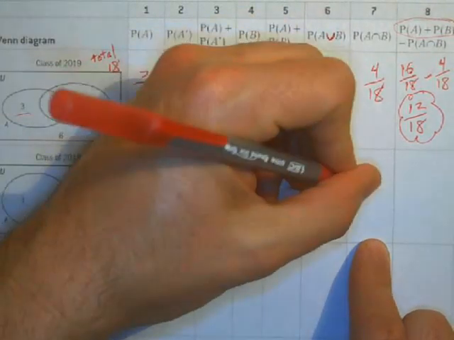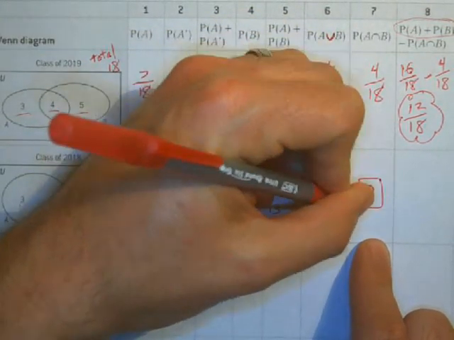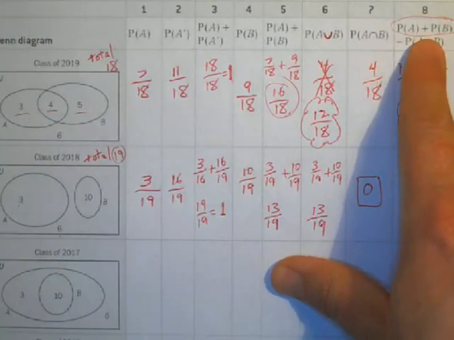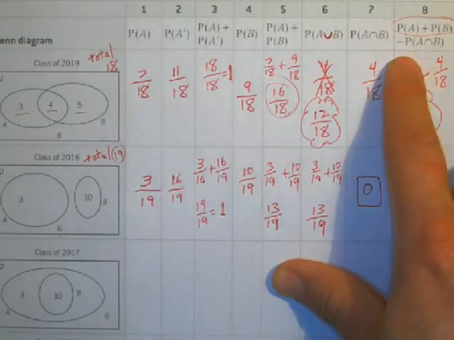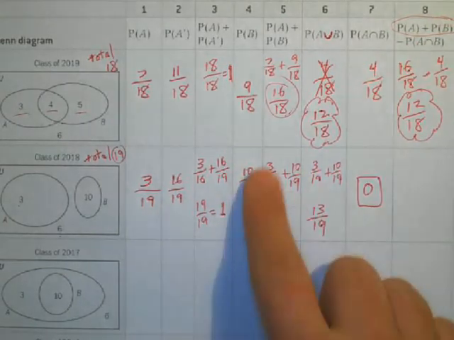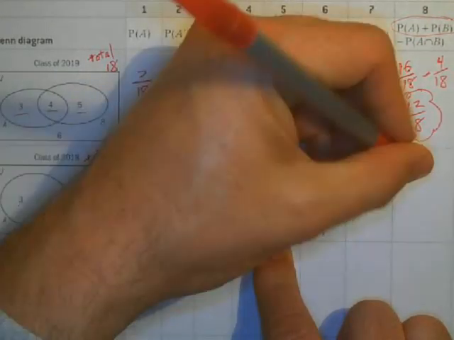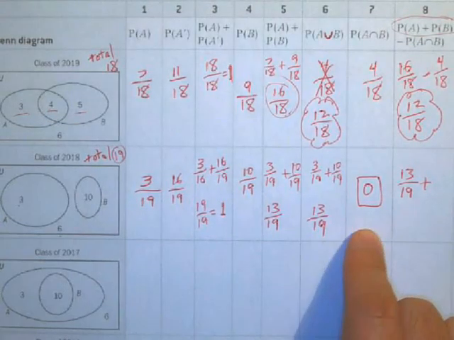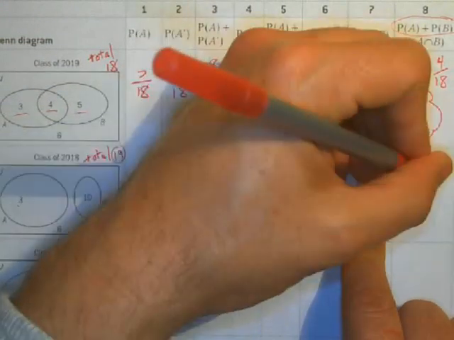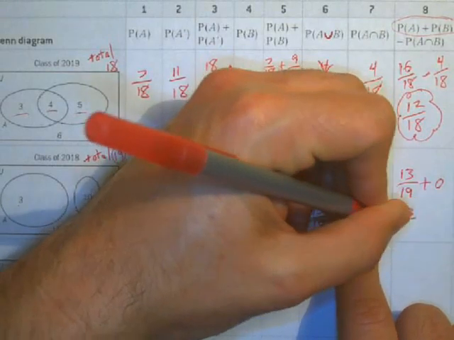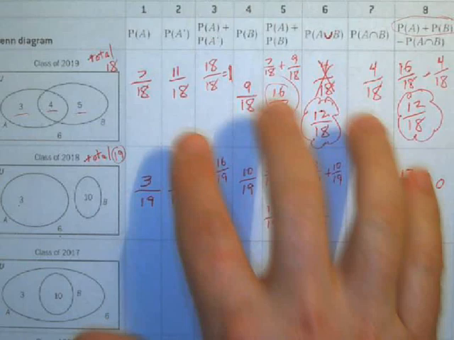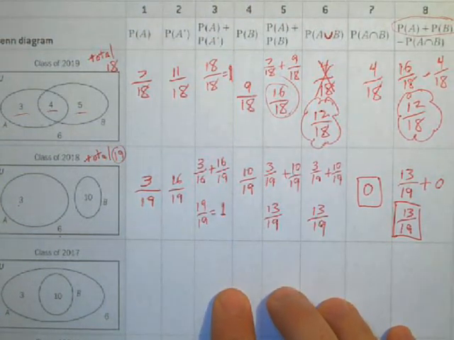So that is 0. Probability of A plus probability of B minus the intersection. A plus B is going to give me 13 over 19 minus the intersection, which is 0. It's going to give me 13 over 19. If you have trouble with these relationships, you may want to hit pause or play it again.